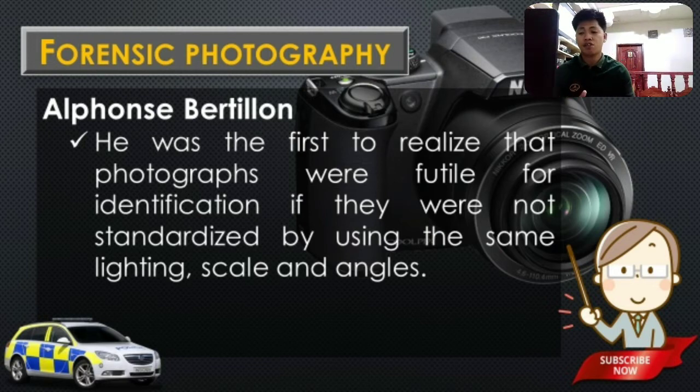He provided the standard way of taking photographs of criminals, and that was widely adopted, since we know for a fact that Alfred Bertillon was the authority when it comes to forensic or criminalistics during that time. So that gives us the standardization on how photographs are taken of criminals.